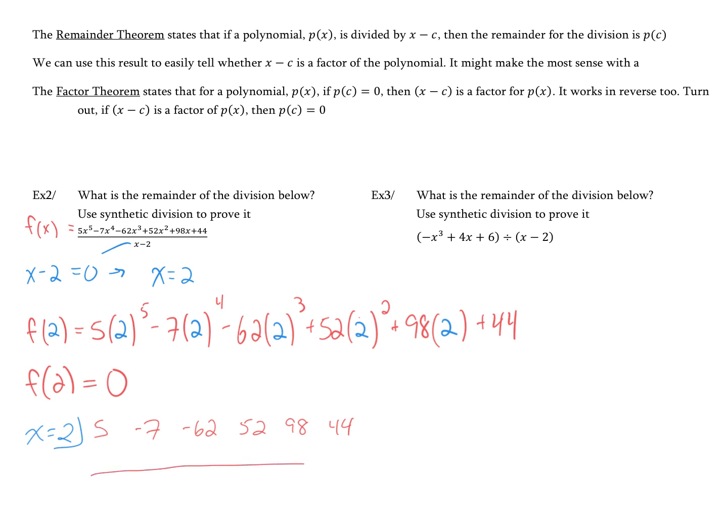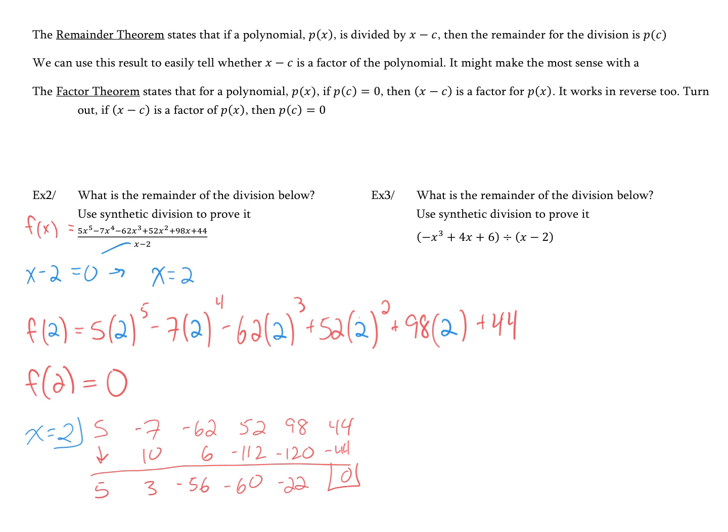So the first one that comes down will be 5. 5 times 2 is 10, add those together is 3, times 2 is 6, add those together is minus 56, times 2 is negative 112, add those together is negative 60, times 2 is negative 120, add those together is minus 22, times 2 is negative 44, which is 0. All right, we got it.